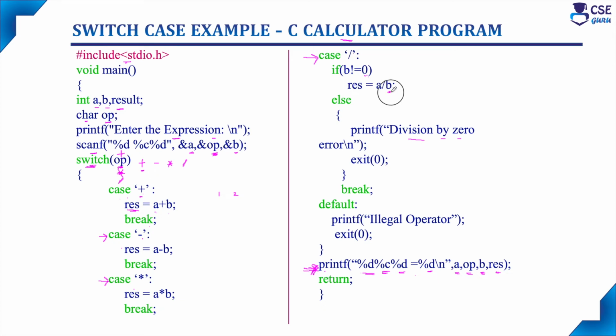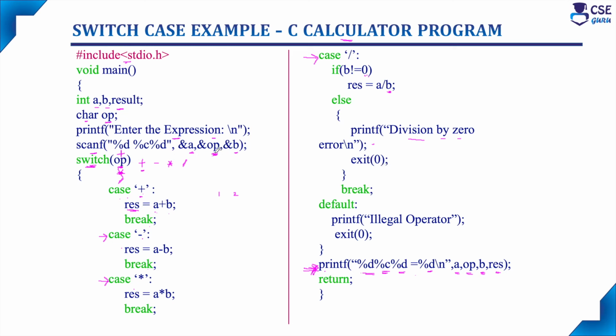Suppose the denominator value is not equal to 0. Then perform the division operation and store the result in the result variable. And then immediately after execution of these statements, control will go to this printf statement and print the result. Suppose the denominator value is 0. It will print on the output screen division by 0 error and it will exit, it won't display any result.